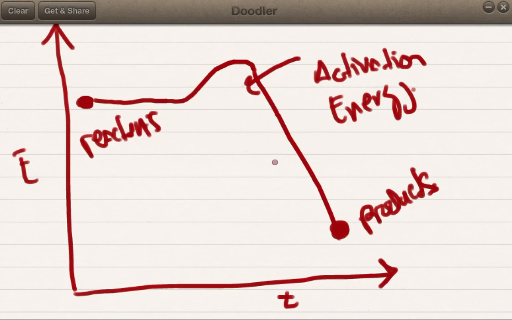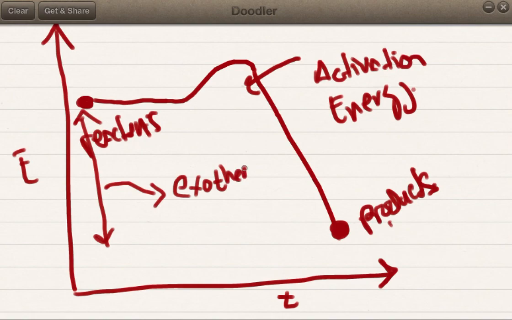Now, when we see a chemical reaction like this, where the products are at a lower energy than the reactants and they're more stable, that means that at the end of the day there's a difference of energy. Energy has been given off. So we'll most often expect a reaction like this to be what we call exothermic.